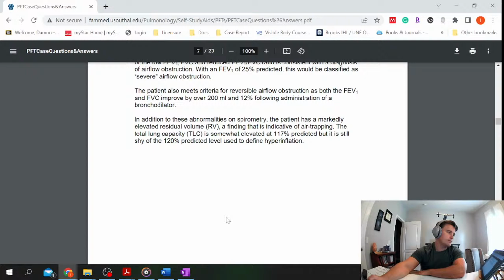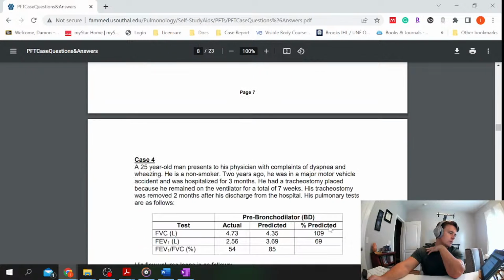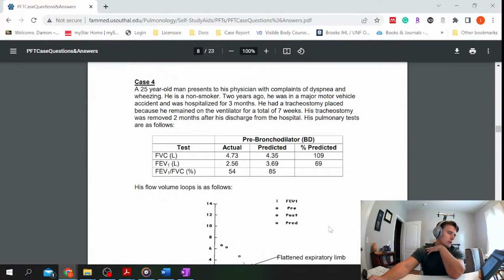So there you go. He has obstructive because he can't get the air out, and he's also got restrictive, so he can't get the air in. So this is a combination of the two. Let's see what this one looks like. Okay, this one's a good one.